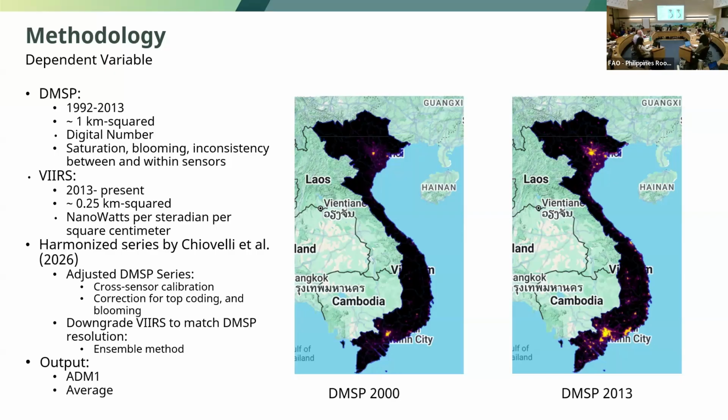Since the two resolutions are different, they have to downgrade the VIIRS to match the DMSP, around 1 kilometer resolution. Then they use an ensemble method to harmonize the two series. So we aggregate all the data at the provincial level by averaging the nighttime light intensity of all the pixels located within the same administrative boundaries.